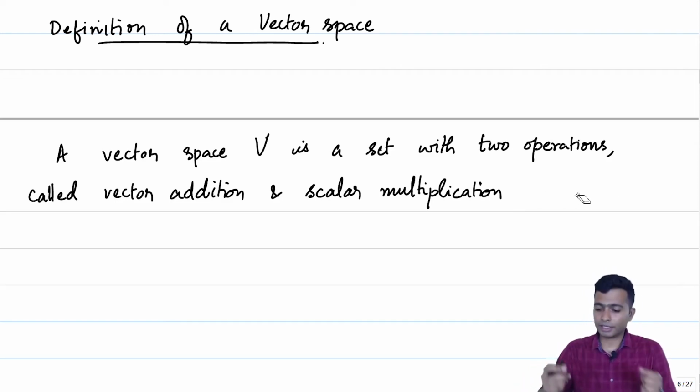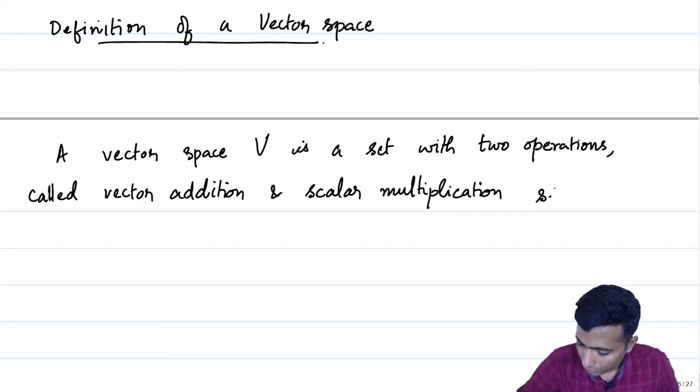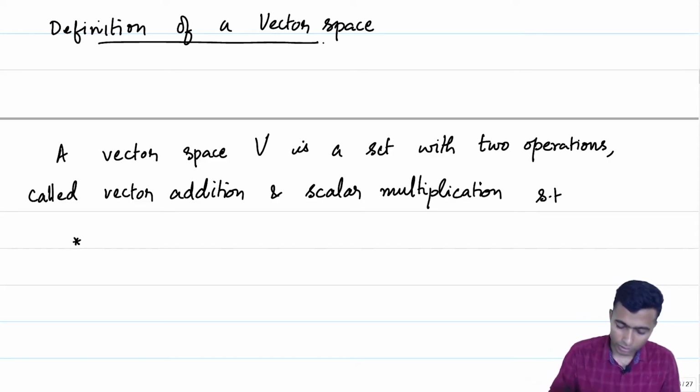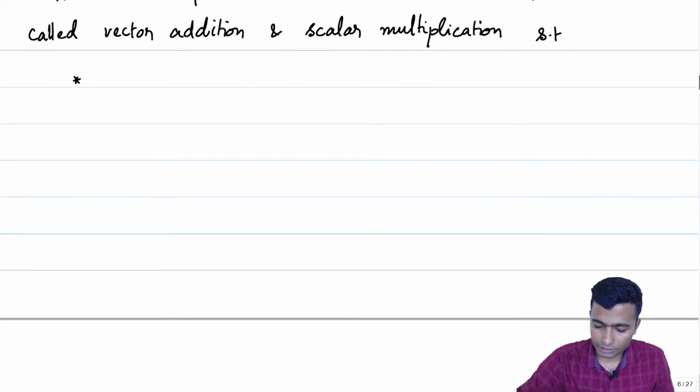So, the vector addition and scalar multiplication satisfy certain properties. Let us just see what vector addition satisfies.